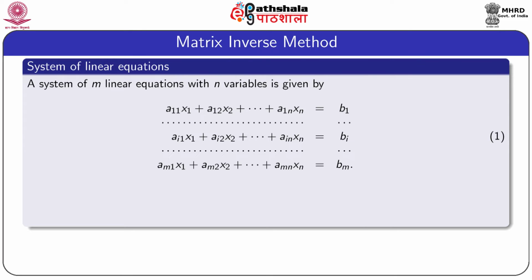This is a system of linear equations, and note that the power, that means the exponent, of the variables x1, x2 up to xn is 1. That is why this system of equations is called linear.